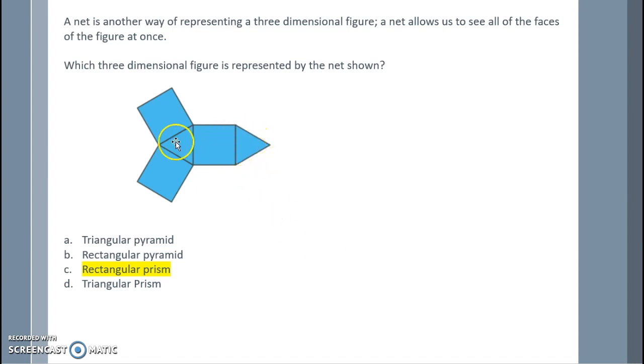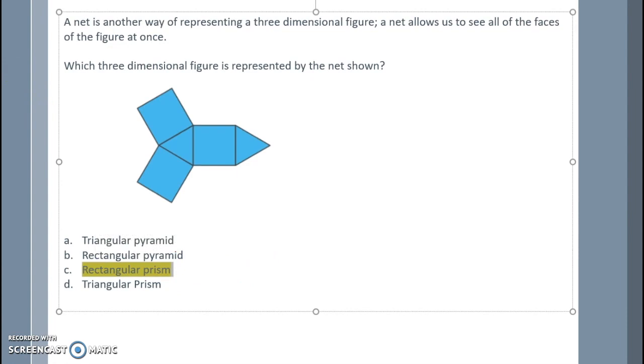I would fold each piece of these up, and then this part would snap down and match here, and this part would match down here, so it creates a nice prism. But it shouldn't be a rectangular prism. No, it would be a triangular prism. So we need to not highlight this one. Perfect. Triangular prism.